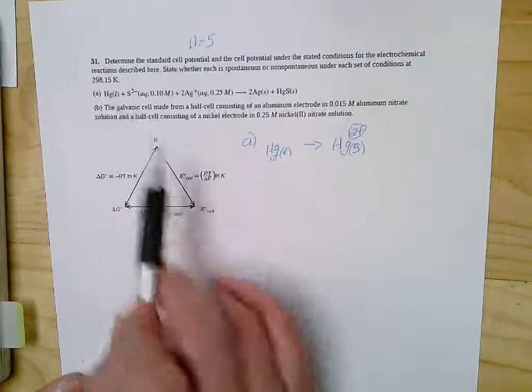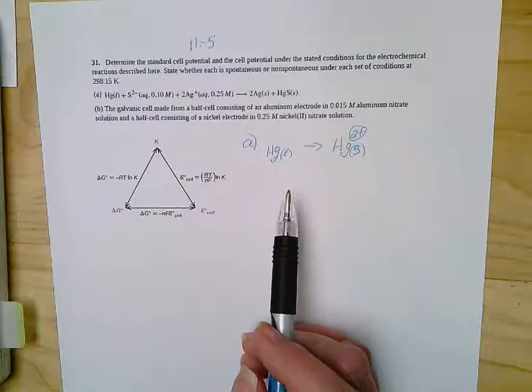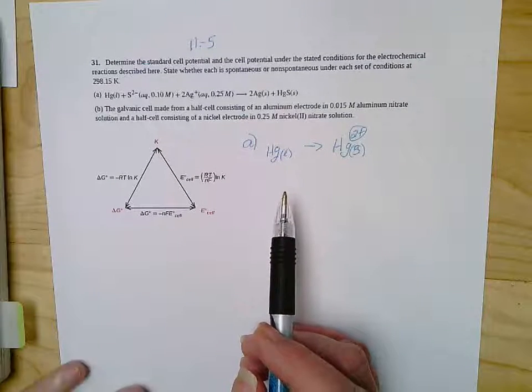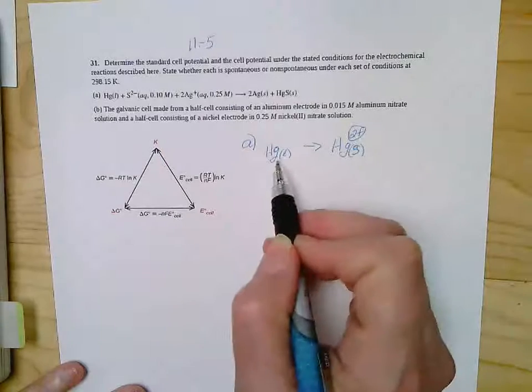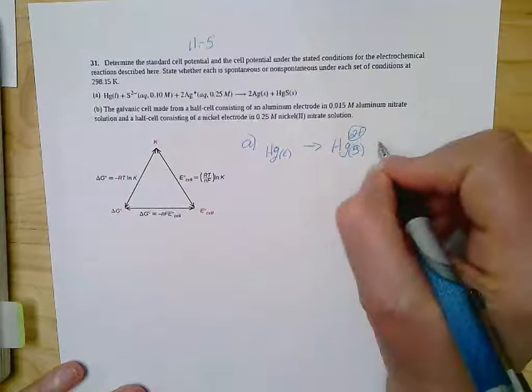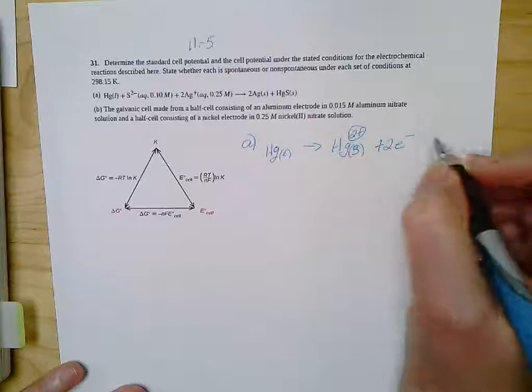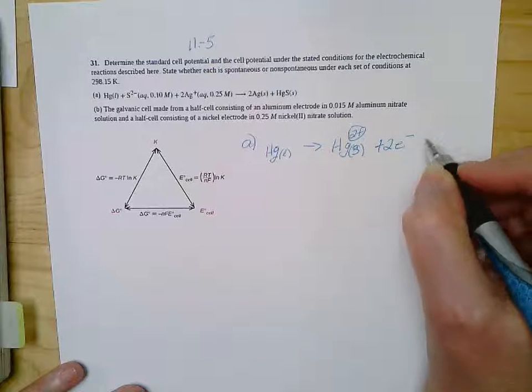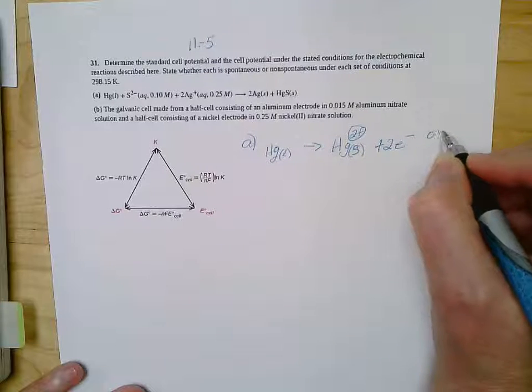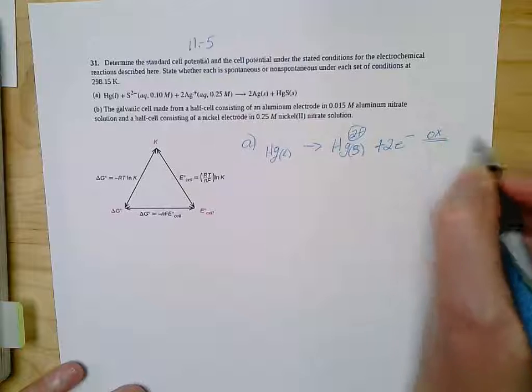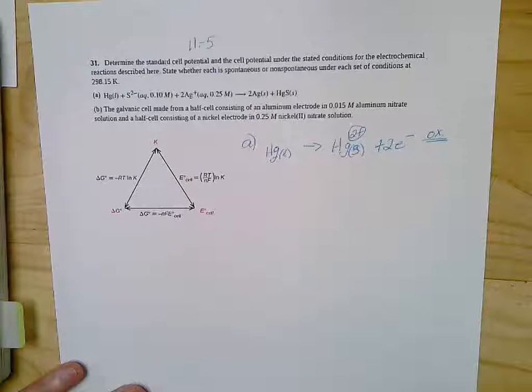If they are elements, then they must be oxidized or reduced. This one has given up 2 electrons, so this is plus 2 electrons. This would be loss of electrons, oxidation. So I know I'm going to have to flip the E naught for this cell.